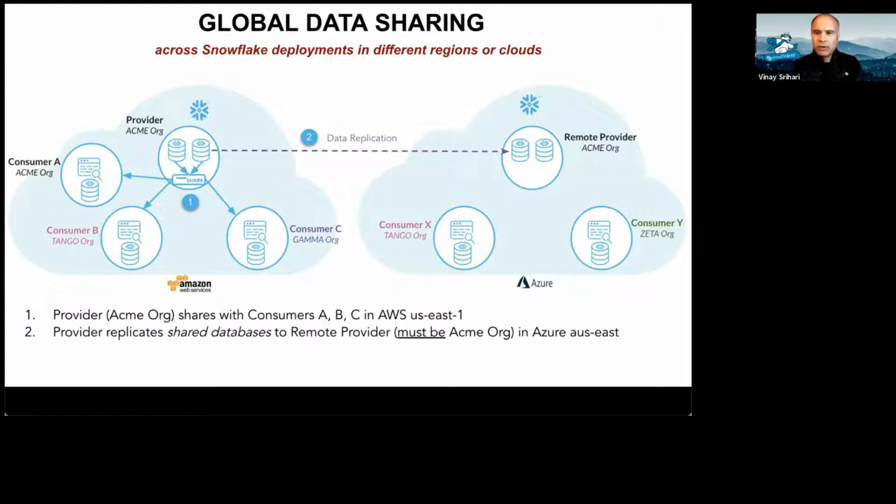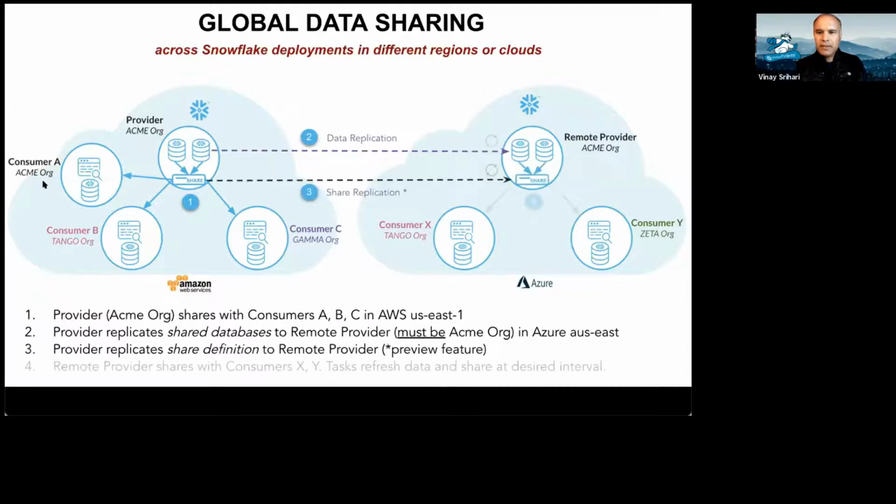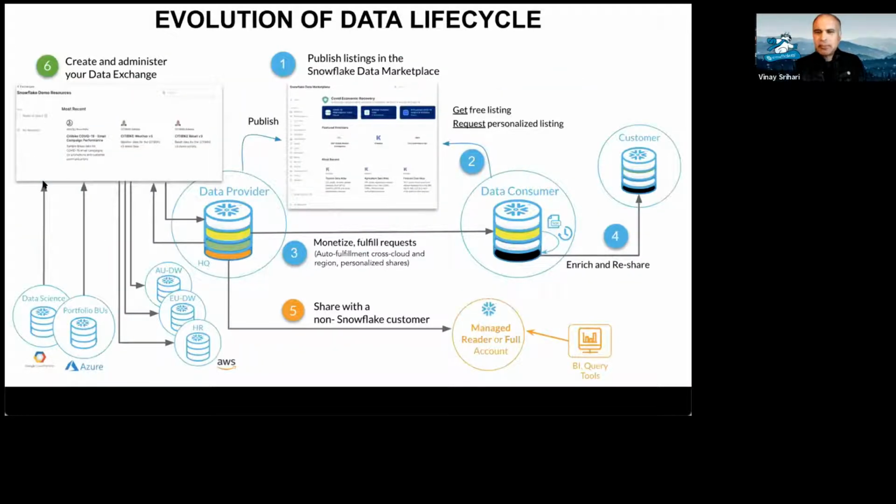This is all native to Snowflake. So it's compressed data, it's encrypted, and it's only the tables and the views that you've chosen to share with that consumer. And then there is a share replication step. So this is where you're sharing the definition of the objects that are a part of that share. And then there's the actual sharing that happens within the region.